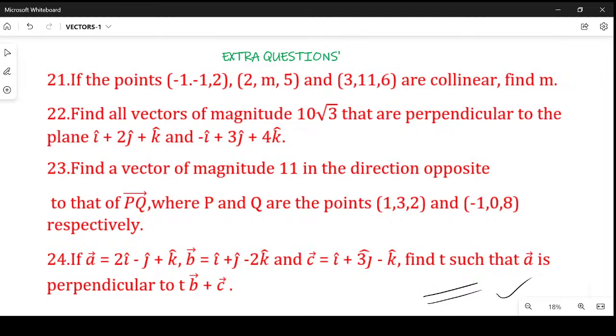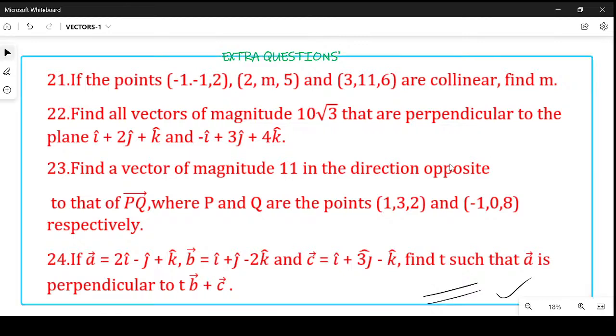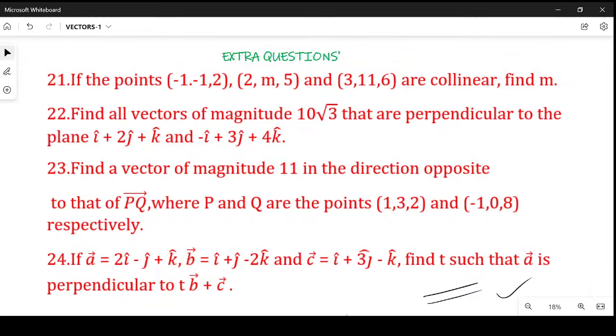Try to solve these extra questions. Don't miss that. I hope you understood this. Still if you have a doubt, you can ask me, I can explain. Practice these questions. Definitely you can improve and maximize your score.